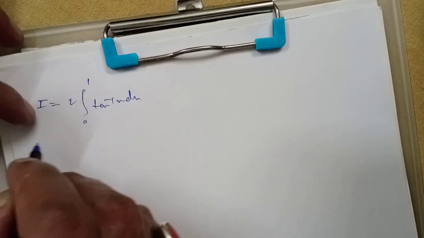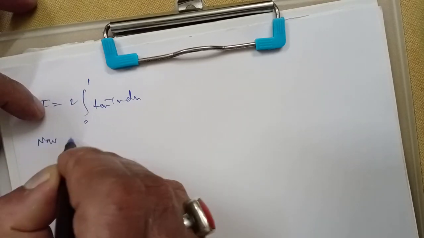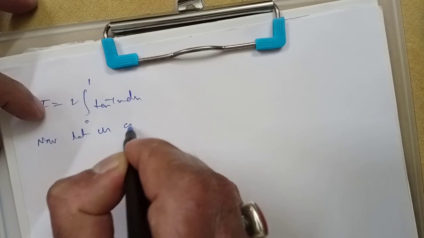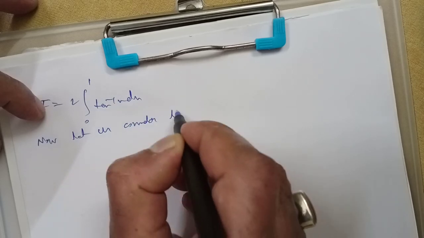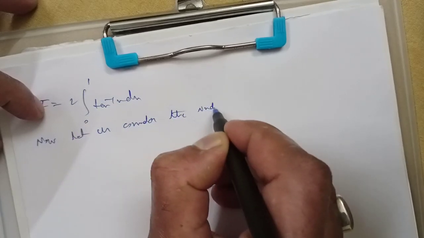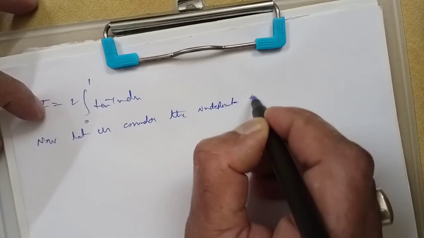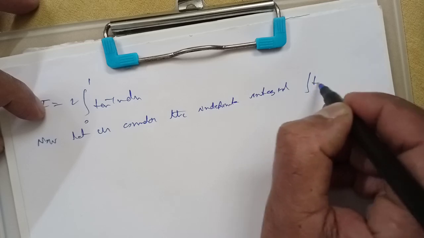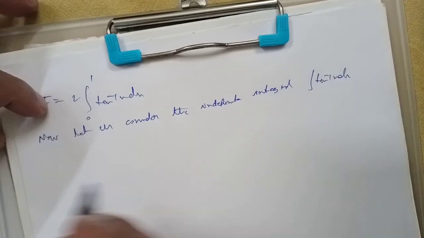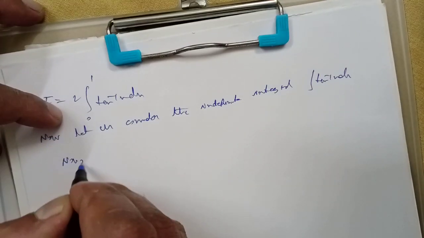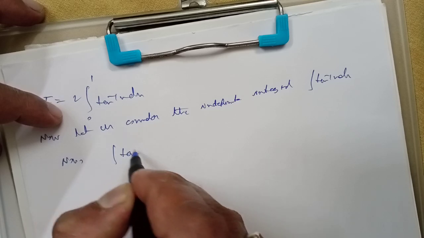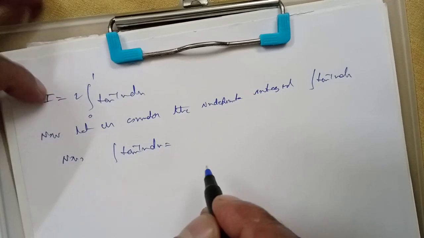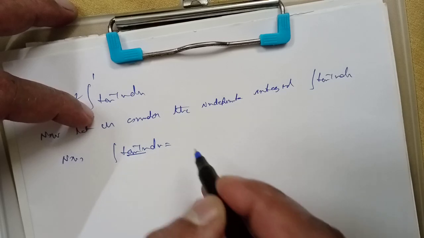Now let us consider the indefinite integral, integration tan inverse x dx. Do it by parts. Tan inverse x will be the first function, one will be the second function.